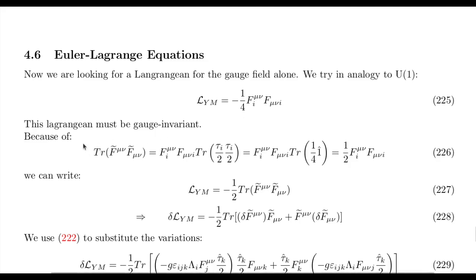We look at the following calculation. We write down the trace of the scalar product of the two f tensors, here written with tilde, that means we have the factor tau half. The single components of f are scalars, and so we can factor out the two f factors, and we have the trace of the Pauli matrices.